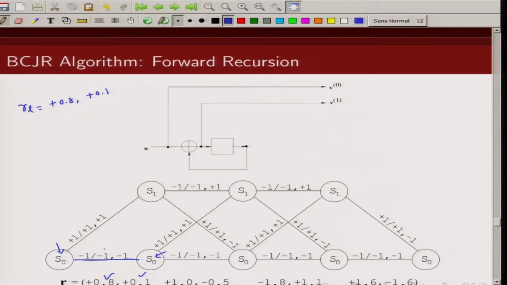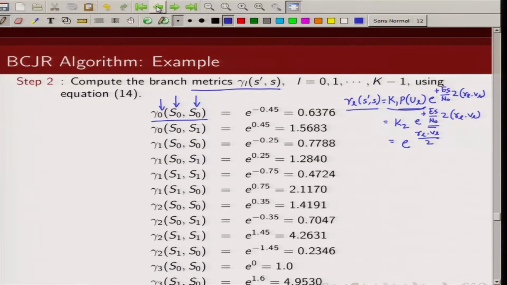This is minus 1 and minus 1. Then this dot product can be written as plus 0.8 into minus 1 plus 0.1 into minus 1. So, this will be minus 0.9. So, RL dot VL is minus 0.9. If we plug that in here, minus 0.9 by 2, this is minus 0.45, which is given by this.